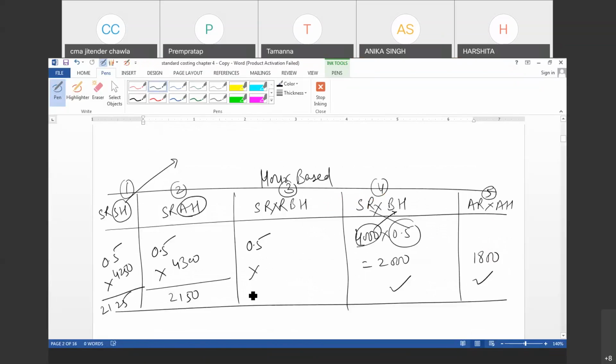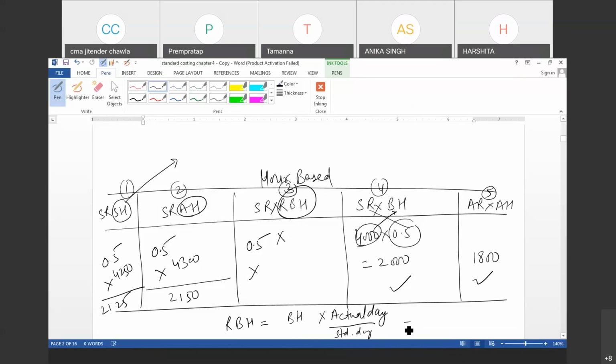Now this one is RBH, revised budgeted hours. Can any one of you tell me revised budgeted hour is budgeted hour into actual day divided by standard day.